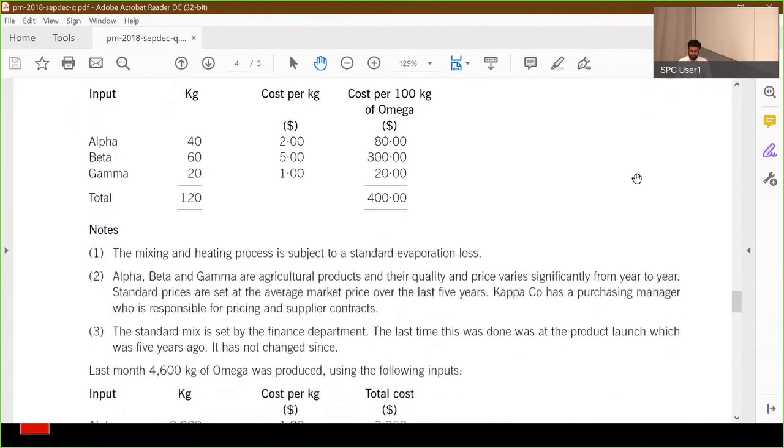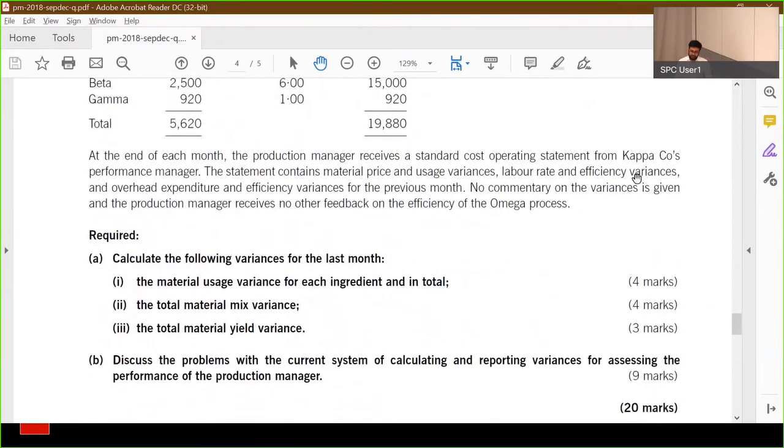So it's a question on the material mix and yield variance. Along with that, they have also asked us to calculate material usage variance. First I'll be calculating material mix variance, then yield, and then just copy pasting a few calculations, we can get the usage variance. That's the reason we are doing it in the end.